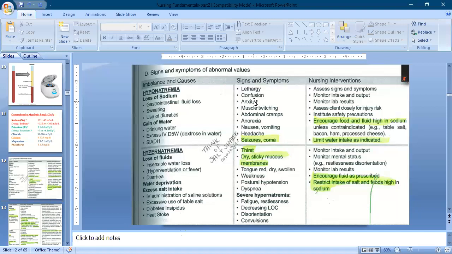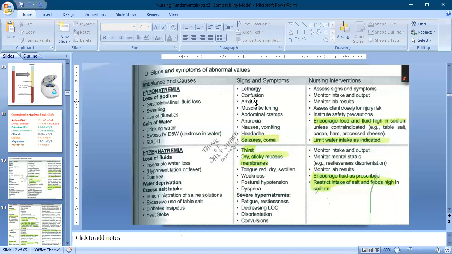Definitely, if your patient has hyponatremia, we have to give them or administer isotonic solution. There are three types of saline solution: isotonic, hypertonic, hypotonic. But if your patient has hyponatremia, you give them isotonic, meaning 0.9% sodium chloride.